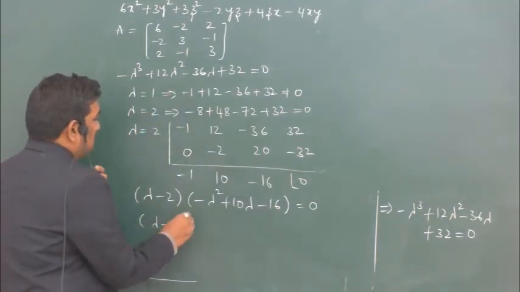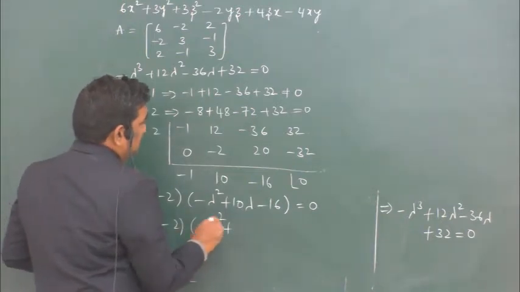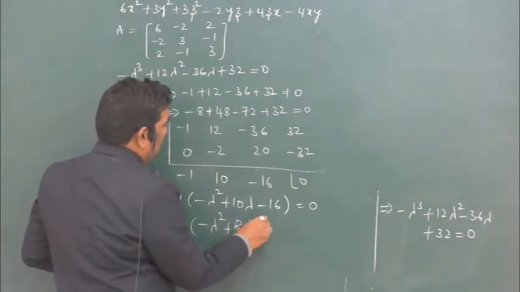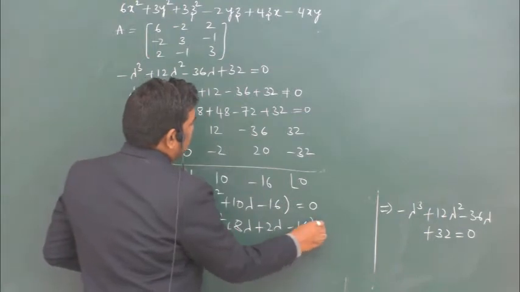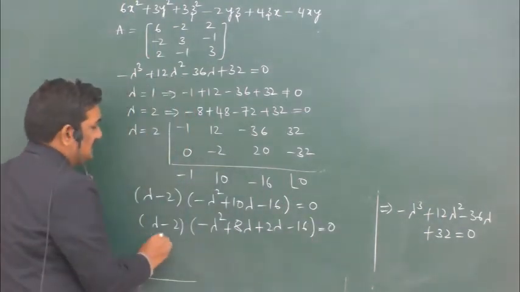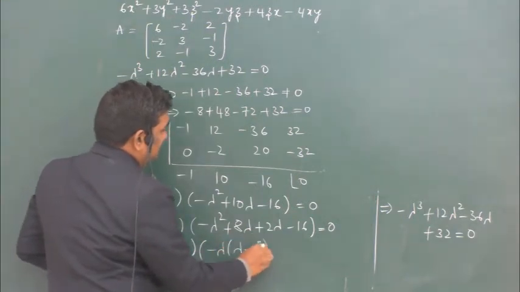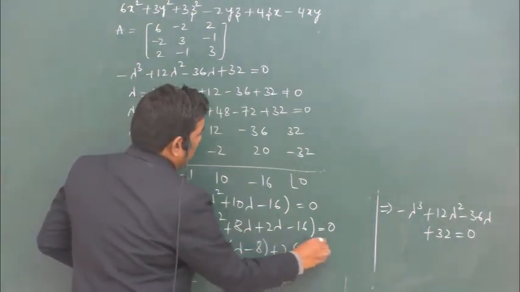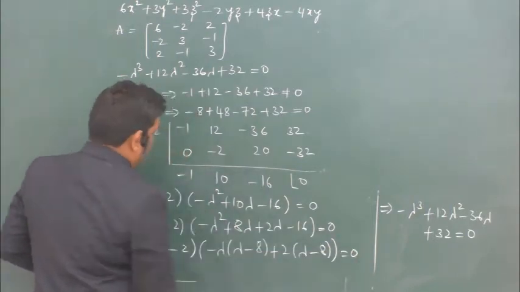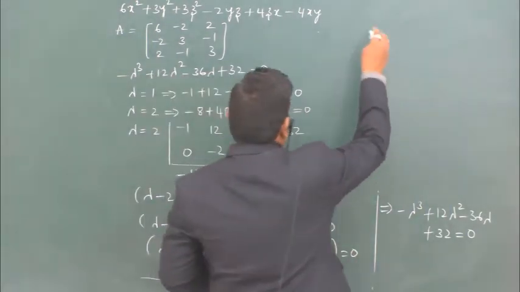Now let us find the other factors. Lambda minus 2 into minus lambda square plus 8 lambda plus 2 lambda minus 16 equals 0. It means lambda minus 2 into, take minus lambda common, lambda minus 8, take 2 common, lambda minus 8, equals 0.